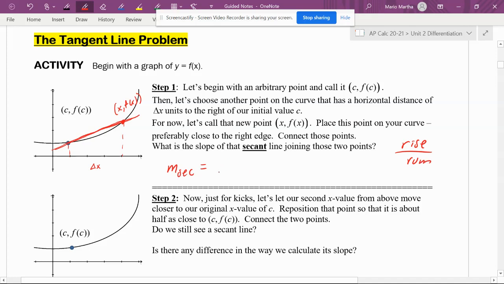So in this case, our rise happens to be the difference between our y values, which is f of x minus f of c. And then the difference in x, which is our run, is going to be delta x, which in this case is just x minus c.